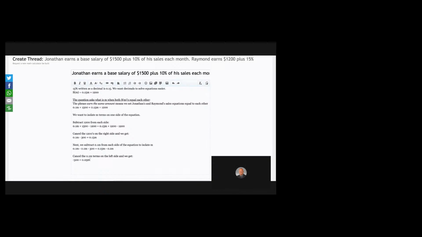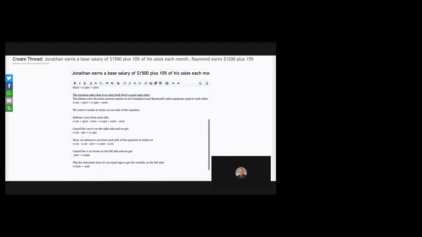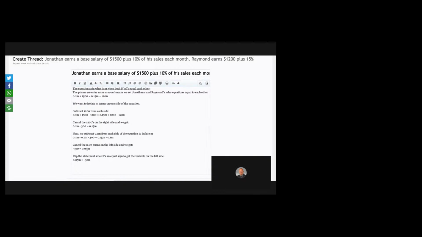Well, I don't like variables on the right side, so we can just flip this statement, since it's an equal sign, to get the variable on the left side. 0.05 M equals negative 300. So I've just taken this and flipped it. Right goes to left, left goes to right. They're the same thing. You can write them both ways.